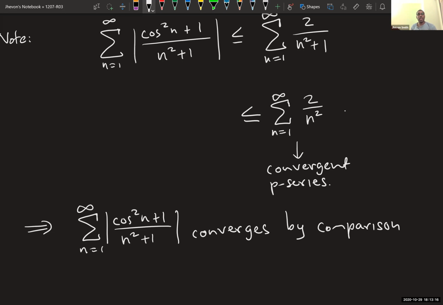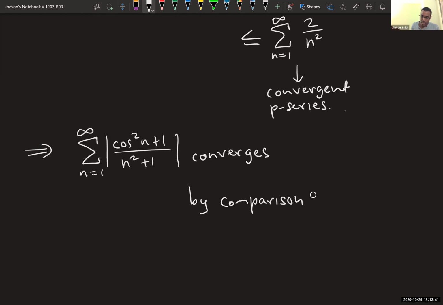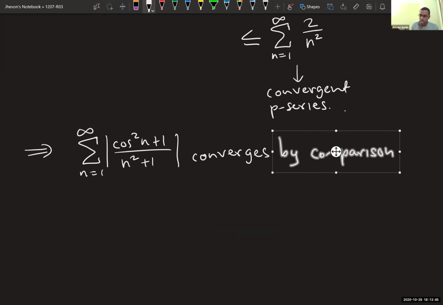In fact, it has absolute values around it, so we can even say a little bit more than this. What kind of convergence did we just observe? Absolute. We observed absolute convergence, right? Because it converged with absolute values around it. So I can say something like, let me leave this here and I'll just say it later on.